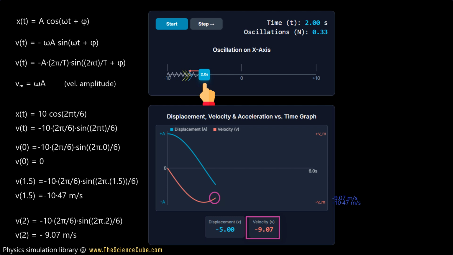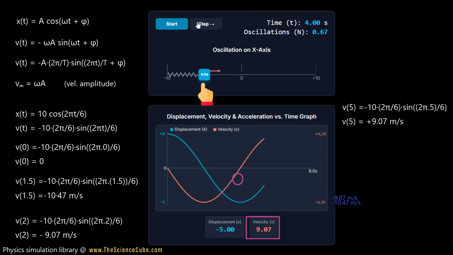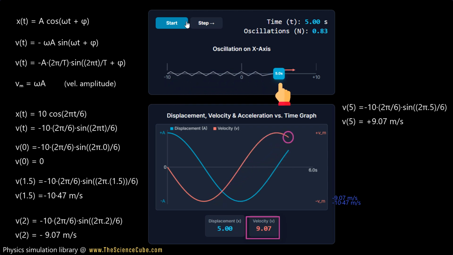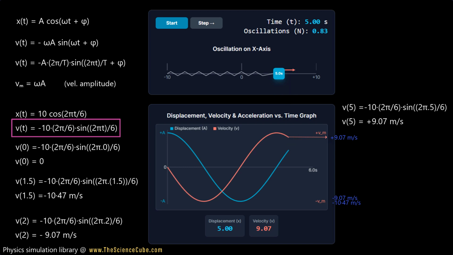And that matches with what we see in the simulation as well. Next, let's calculate velocity at t = 5 seconds, and that would be +9.07 meters per second.